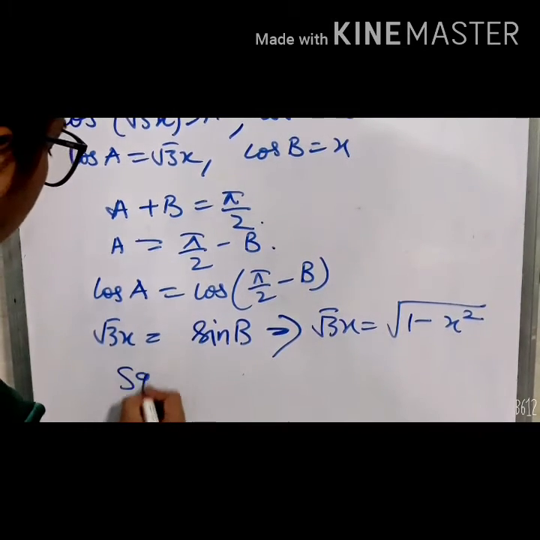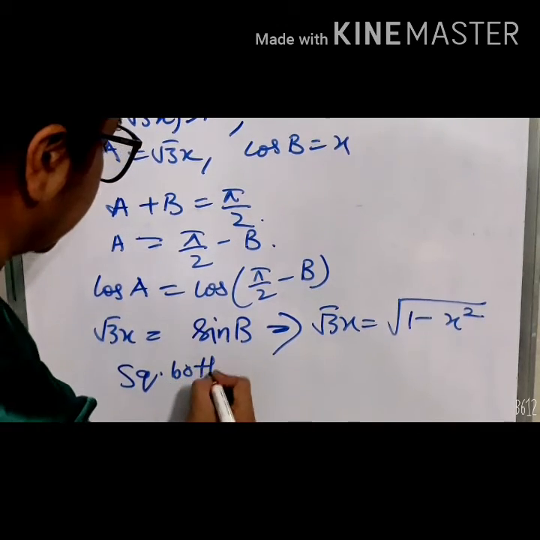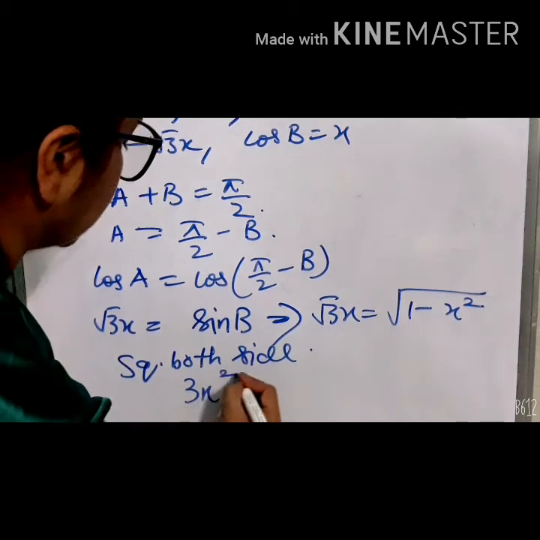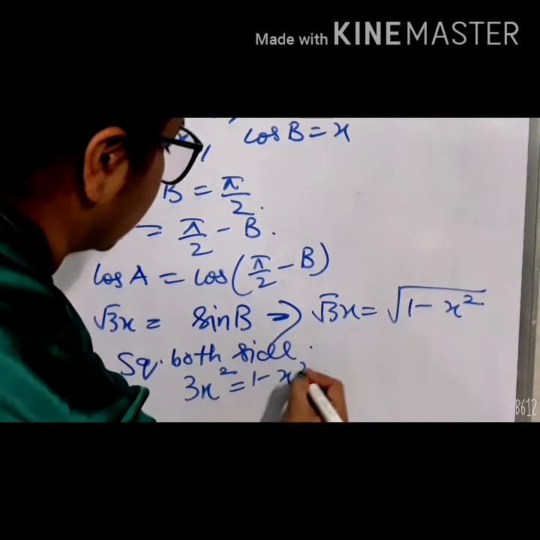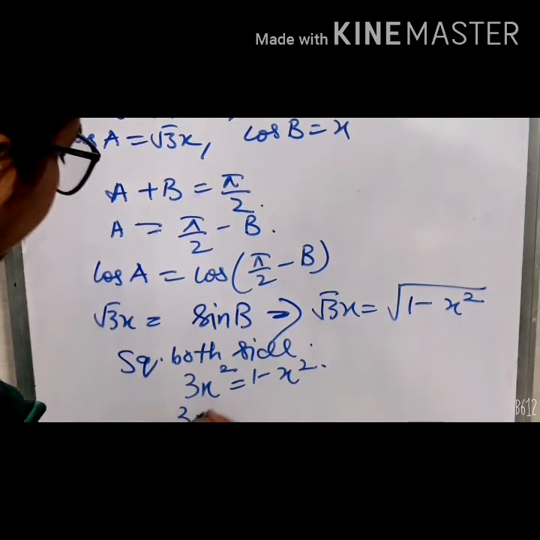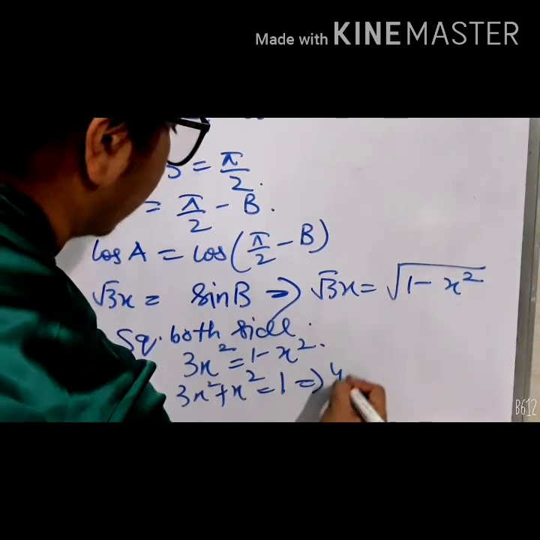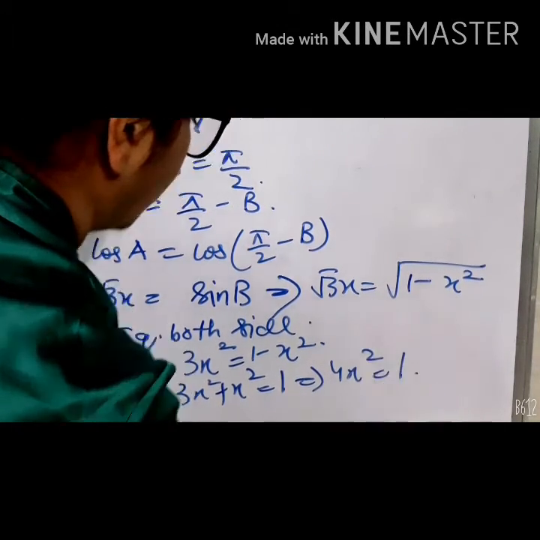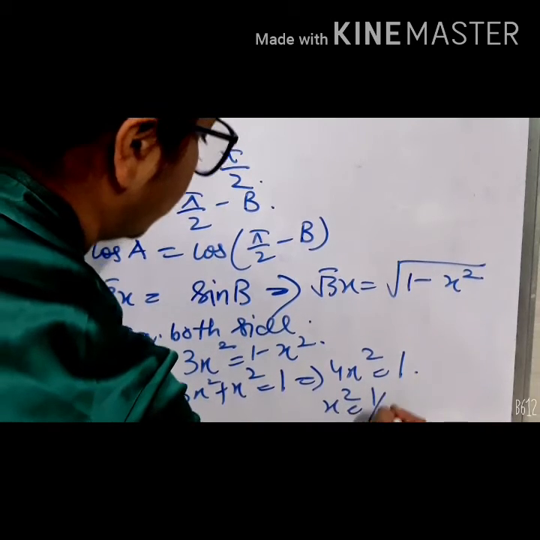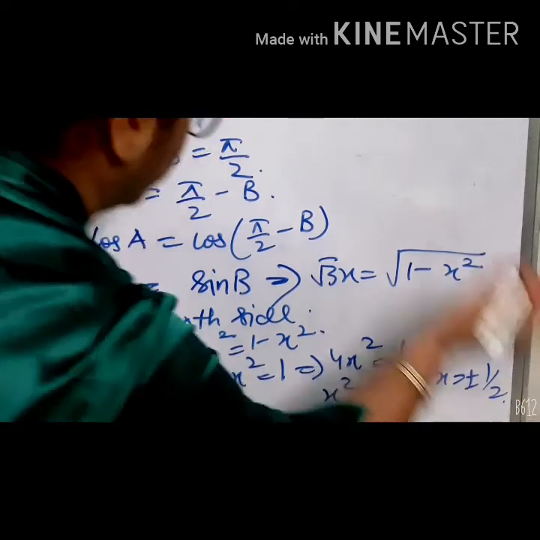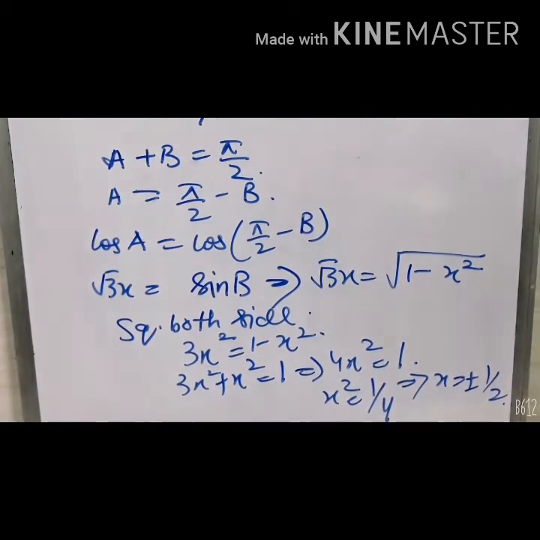To remove the root, squaring both sides. Now it becomes 3x square is equal to 1 minus x square. 3x square plus x square is equal to 1. It becomes 4x square is equal to 1. X square is equal to 1 by 4 and x is equal to plus minus 1 by 2.